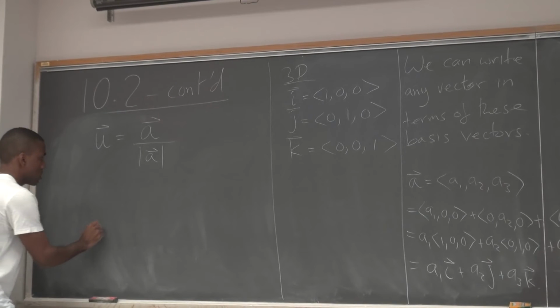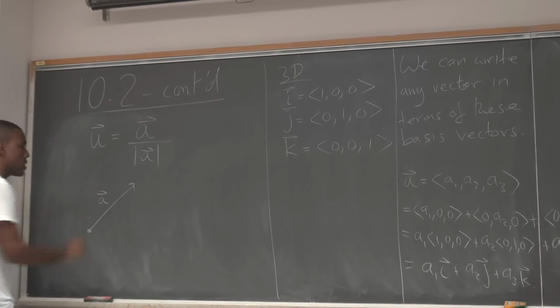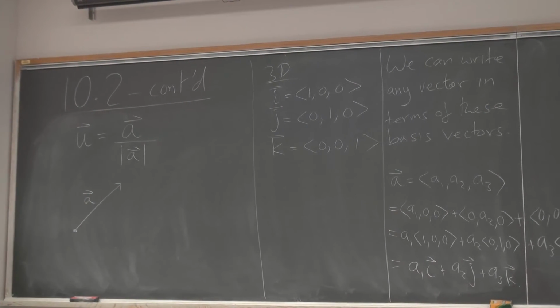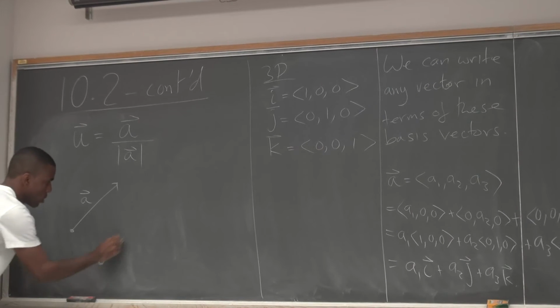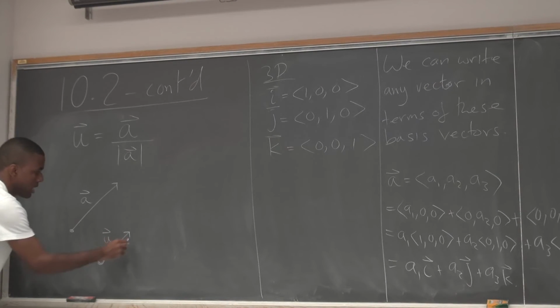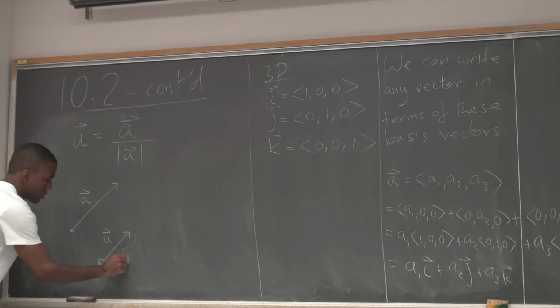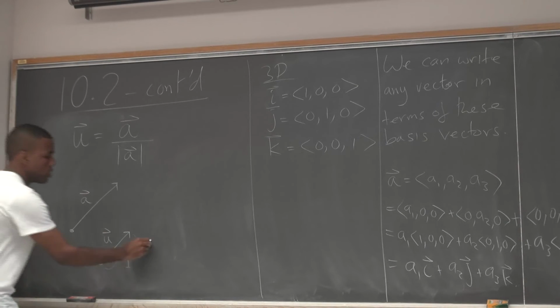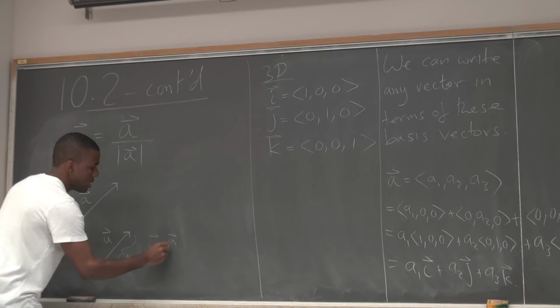So A is some random vector of some random length that's not the zero vector. If I want to get a vector U that has length 1, then U is just going to be take A divided by its magnitude.